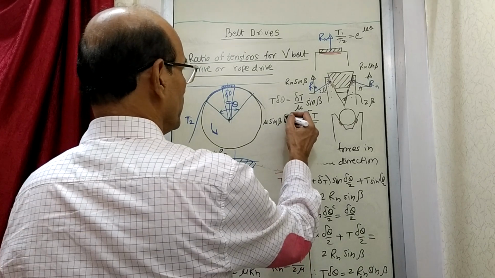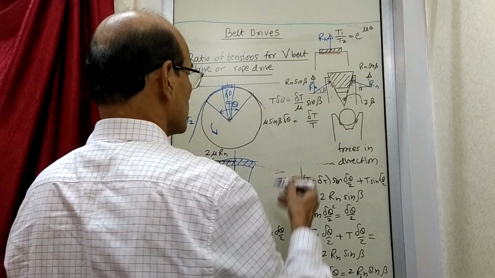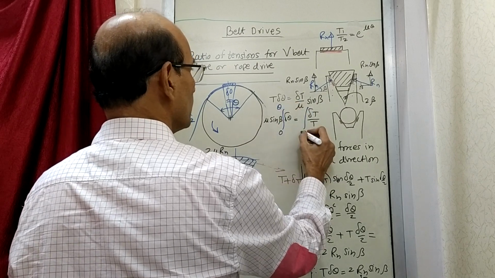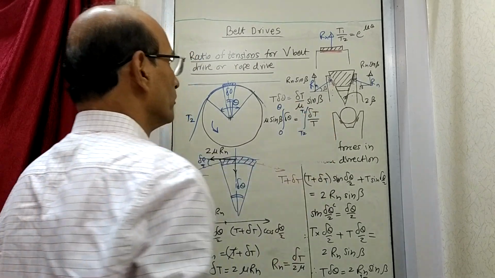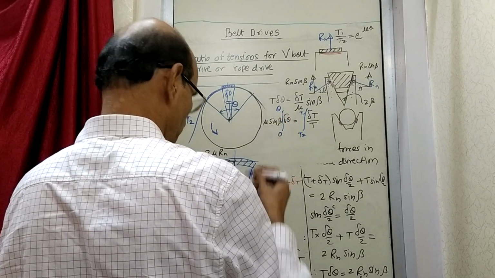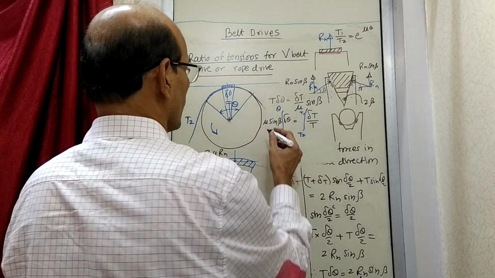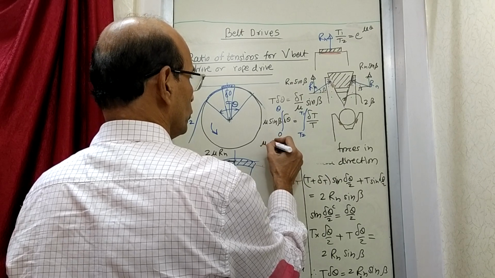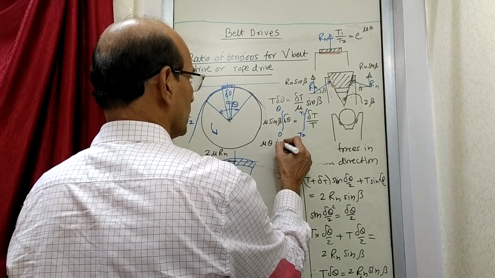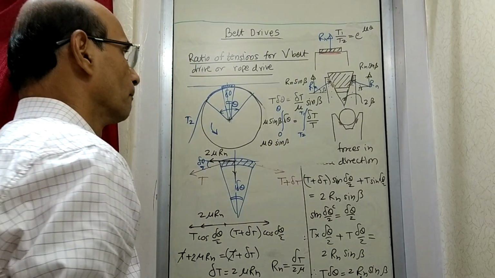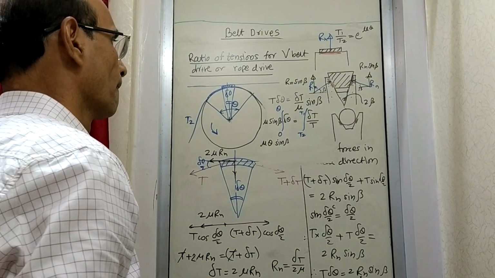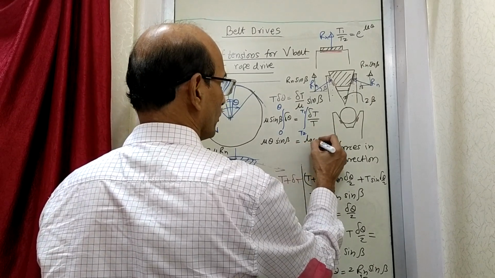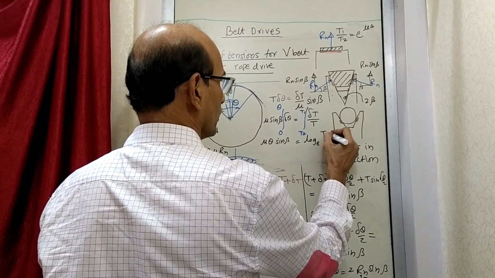So after this, when you integrate, I am putting the integration sign here, and the limits are from 0 to theta, T2 to T1. So when you do that, this becomes mu theta sin beta, and here it becomes log of T1 upon T2.